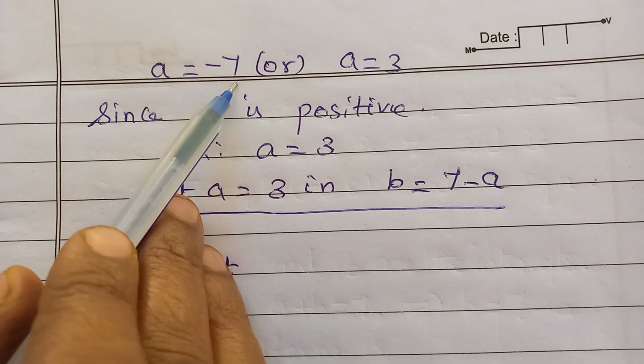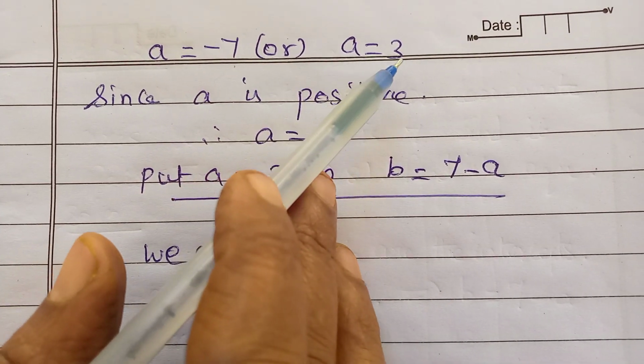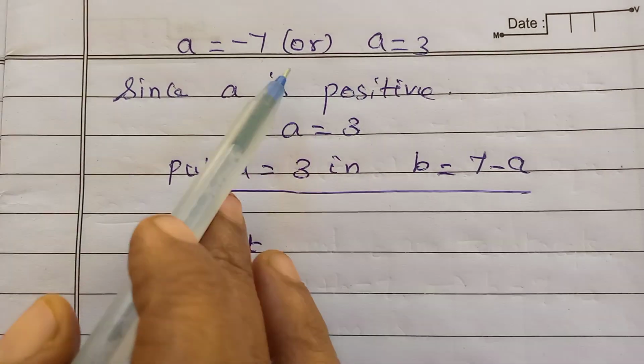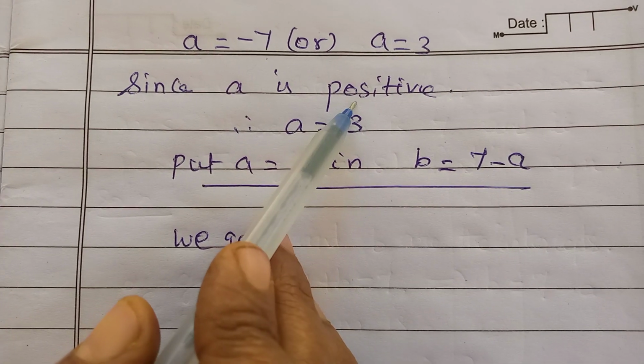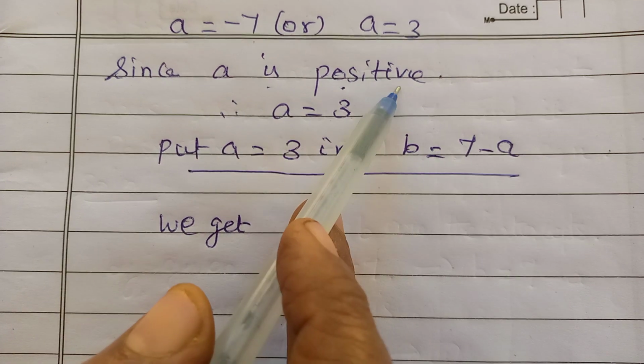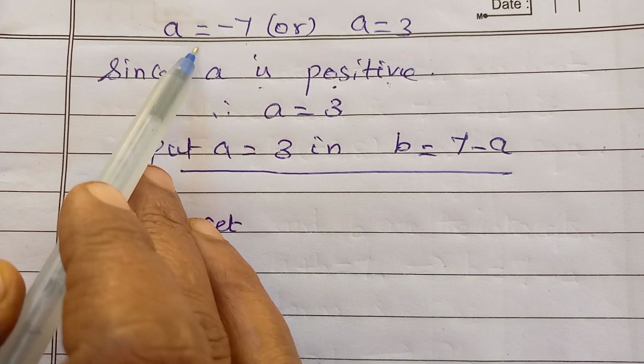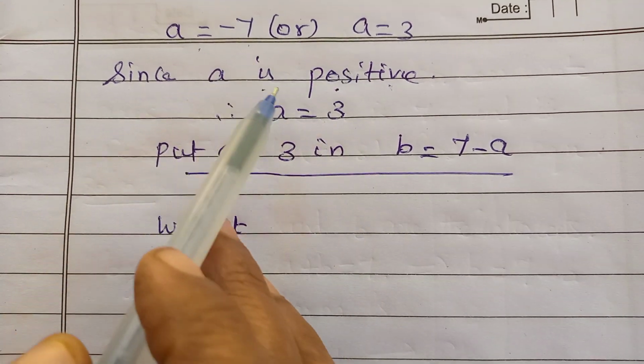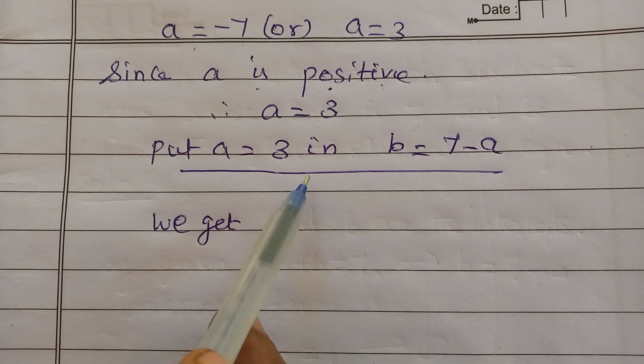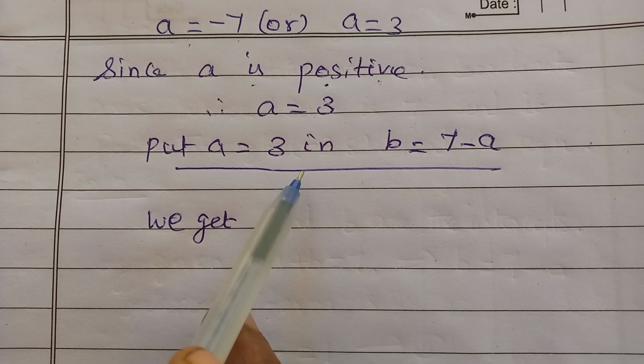A is equal to minus 7 or a is equal to 3 we have got, but it is given the intercept is positive. So since a is positive, only the positive value we have to take, the negative value we have to reject. Then b value we have to find out. Find the intercepts, that is the question. A and b we have to find out.